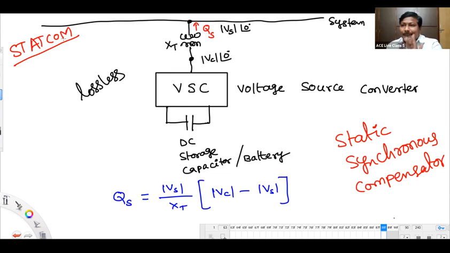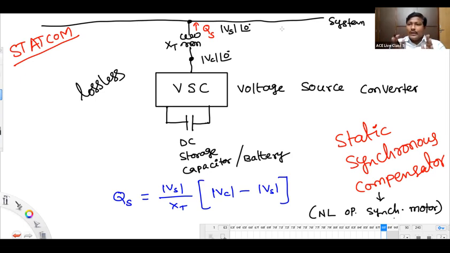It's a perfect replacement for a no load operating synchronous motor. It has good efficiency and we can avoid the problems whatever you said earlier, right?